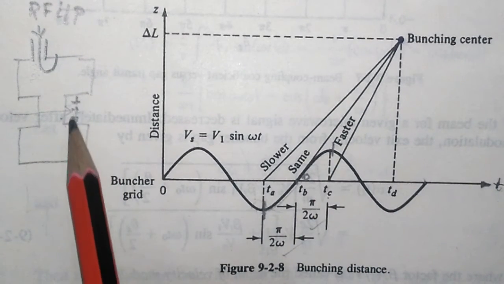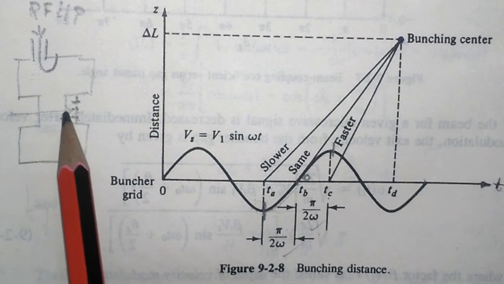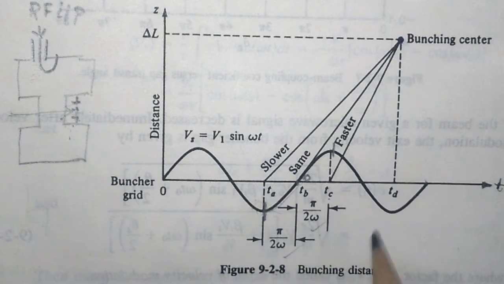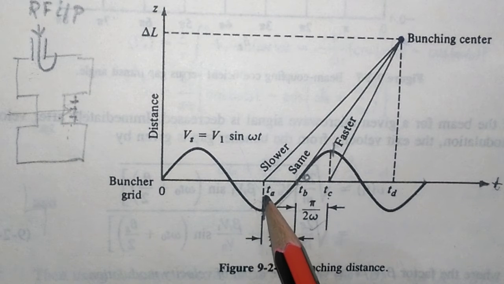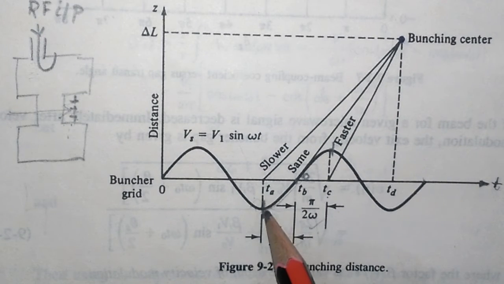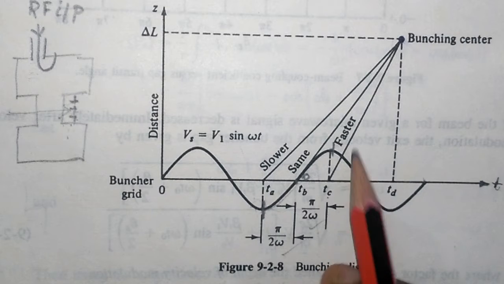Here this end is highly positive, the highest positive value. So when electrons approach here, they are going to be moving very fast. So in this limit, all the electrons that have crossed the gap from the negative peak to the positive peak have a probability that they are all going to form a bunch.